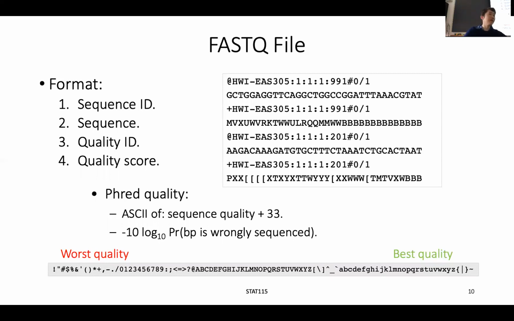But if you have 33, then obviously you will need some characters as well. In this case, they added different characters. It's just the actual encoding of these characters. This is a small number and this is a higher number.